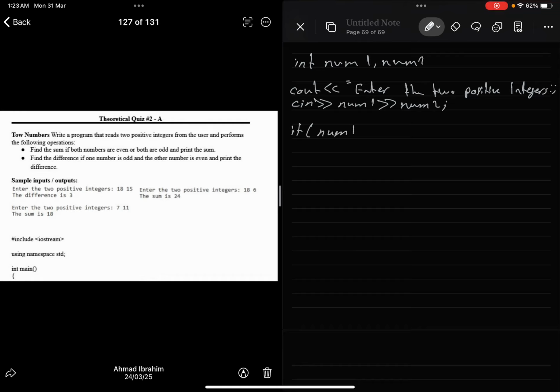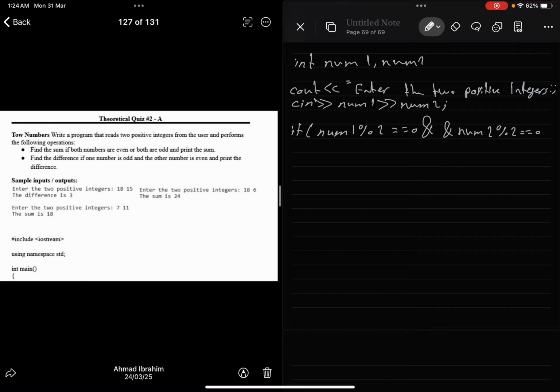So if num1 modulus 2 equal 0 and num2 modulus 2 equal 0.